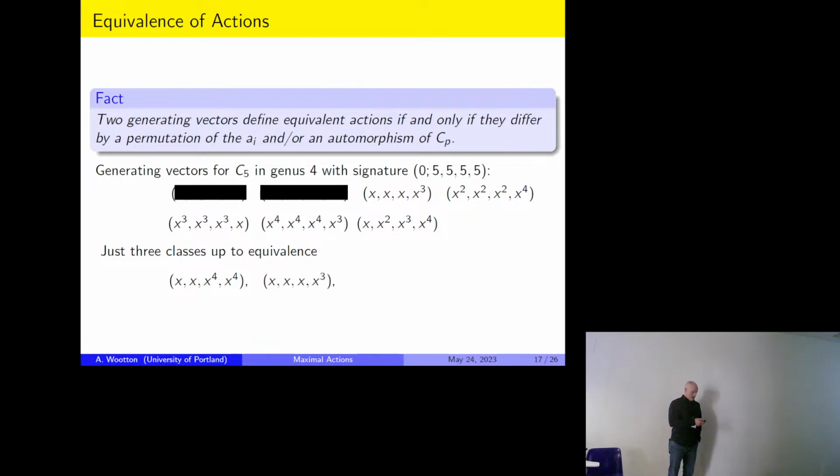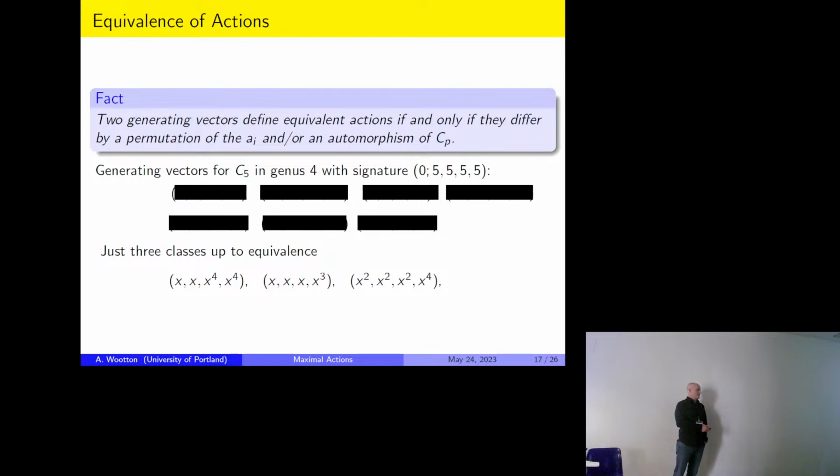Next one, if I take this generating vector here, and I apply either the automorphism x goes to x squared, x goes to x cubed, or x goes to x to the 4th, then I get these remaining 3, so that eliminates those. And finally, this last one is equivalent to the last one there. So, up to topological equivalence, there are exactly 3 different cyclic 5 actions on a genus 4 surface.